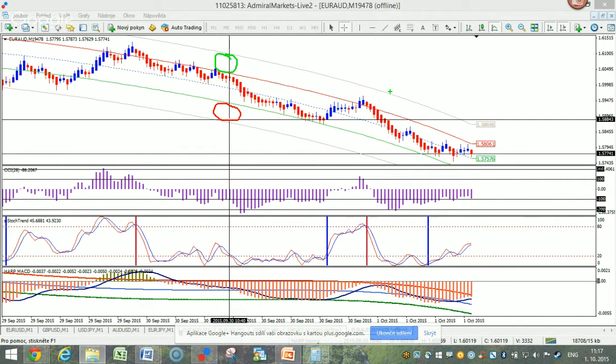So in an uptrend, we're looking for price to get back to the lower buffer zone. In a downtrend, we're looking for price to get back to the upper buffer zone. That's how we characterize, or explain to ourselves, how to define the pullback.